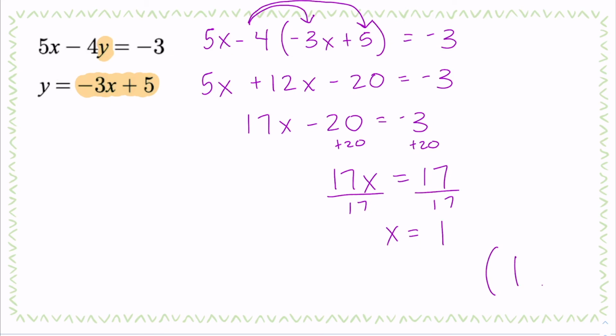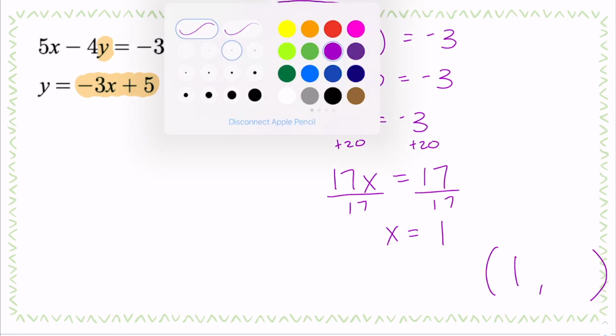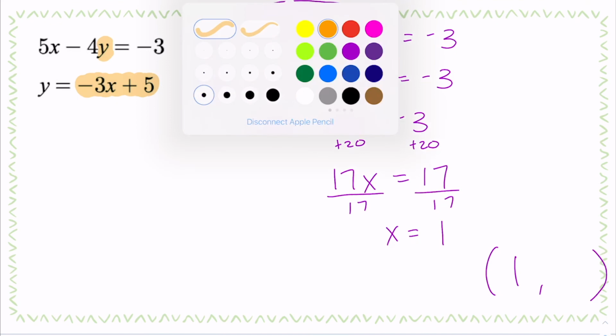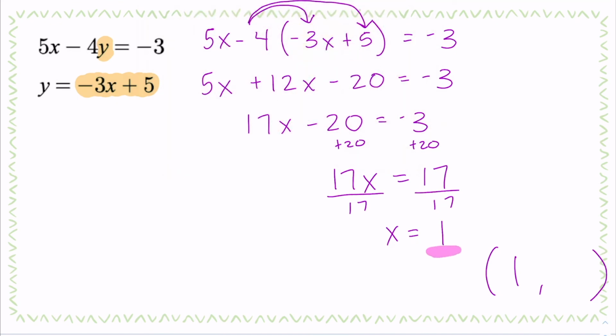Okay, now that we have our x coordinate, we need our y coordinate to complete our solution. So we substitute in 1, since it's telling us that x is 1. Let's look back at our system and substitute in 1 either here for x or here for x. Either way, you're going to get the correct y coordinate. I'm personally going to use that second one.